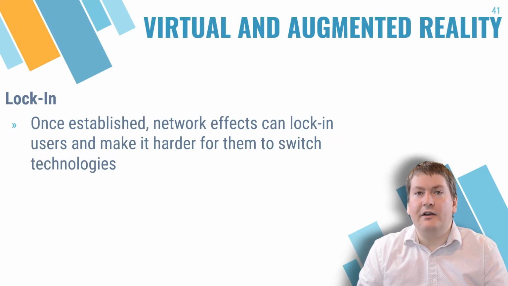Second thing to consider is the lock-in effect. That is, the network effects can lock in users and make it hard for them to switch technologies at a later point. Take, for example, the metaverse. If Meta is successful and first to market, most users will make a commitment to using the metaverse and technologies like VR headsets that support it.